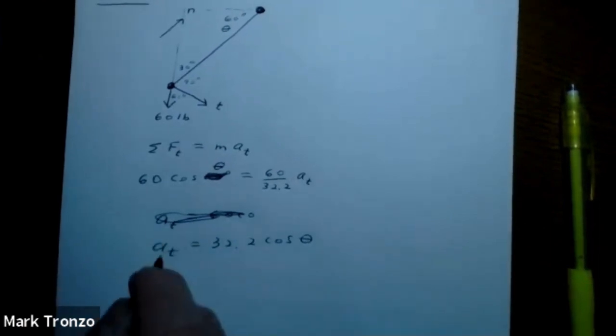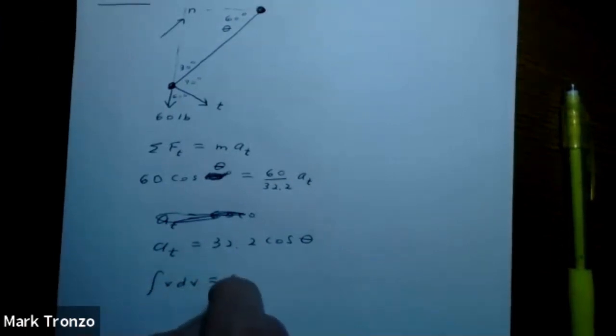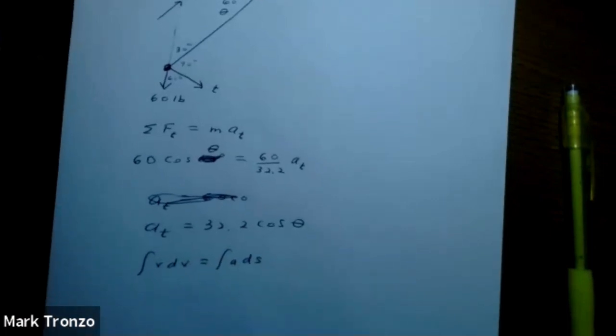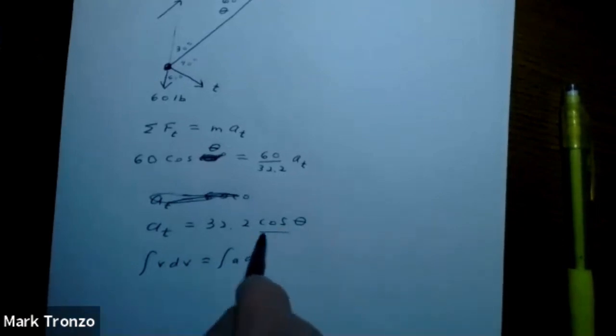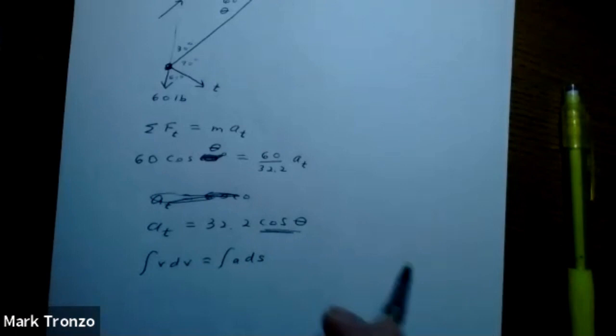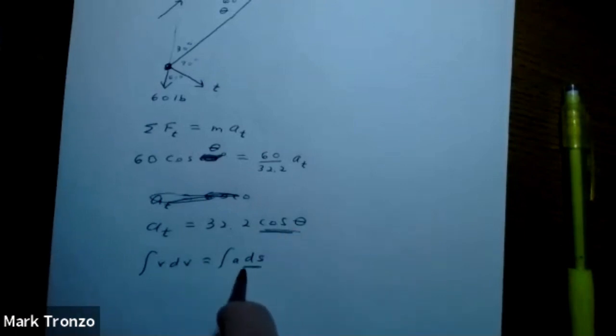And so we're going to have to use v dv is equal to the integral of a ds. And this is another one that's a little bit tricky because we have this in terms of theta, so we're going to have to get it in terms of ds.